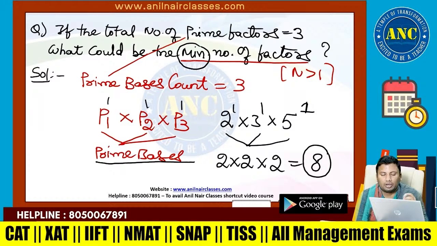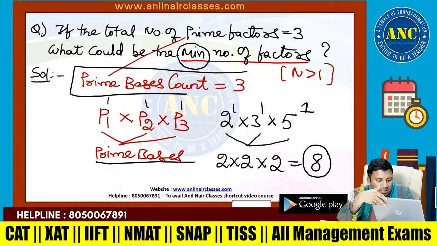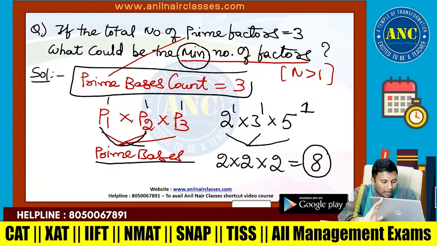Again, I am telling you, the total number of prime factors is 3. Prime factors 3 means prime bases count is 3. P1 power 1, P2 power 1, P3 power 1. All these are 3 distinct prime bases.